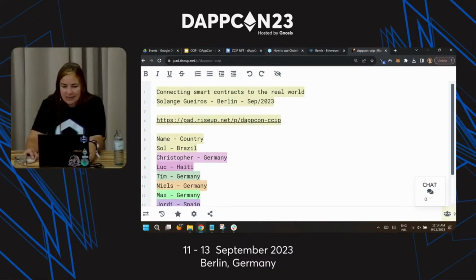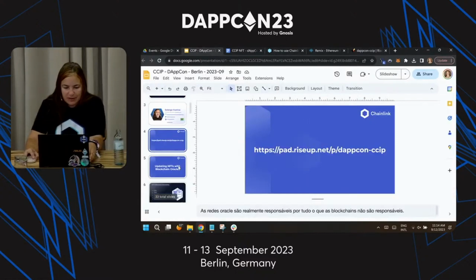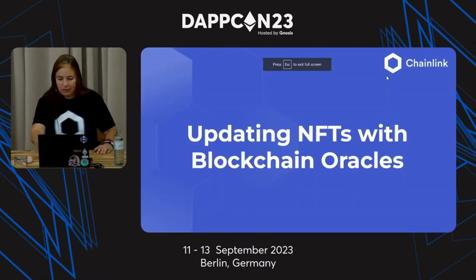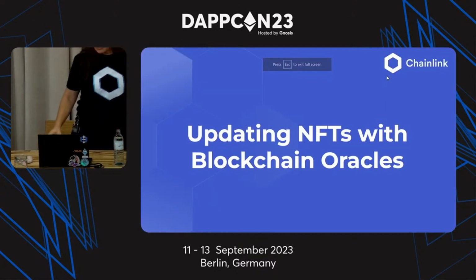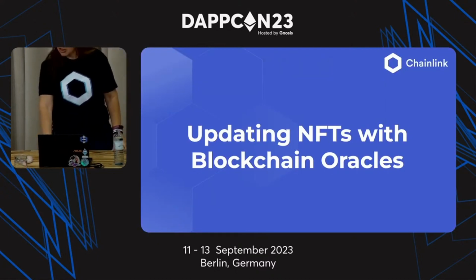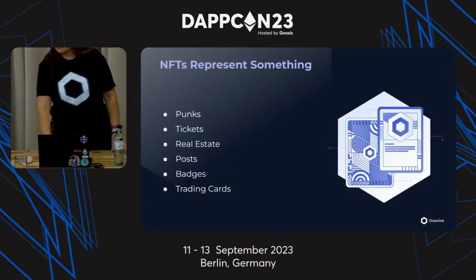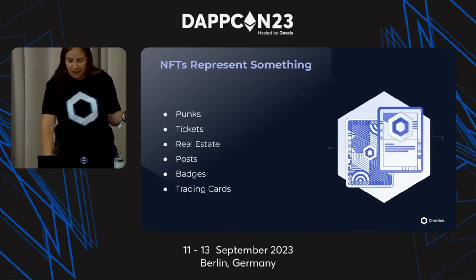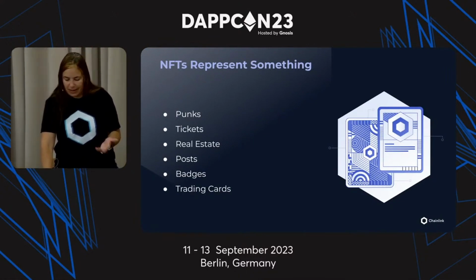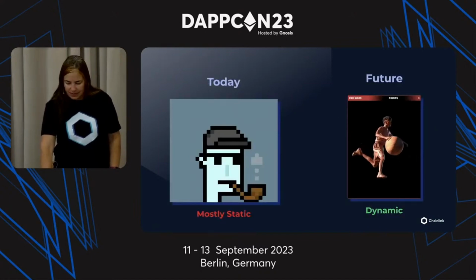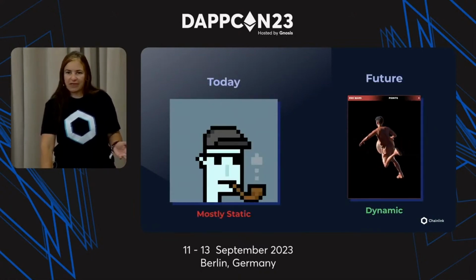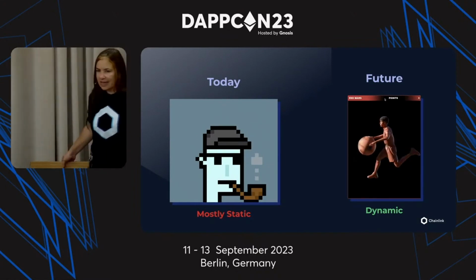And let's come back to my presentation a bit more. To understand a bit of the concepts, how can we update NFTs with blockchain oracles? First of all, remember that NFTs can represent something: a punk, a ticket, real estate, an apartment, badges or trading cards. But even today, most of the NFTs are static.